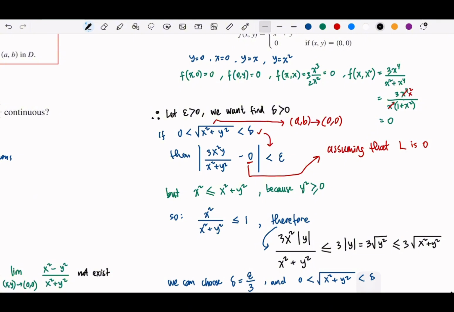Okay, and next step, x squared is less than x squared plus y squared. Well, basically, this is just a mathematical inequality.